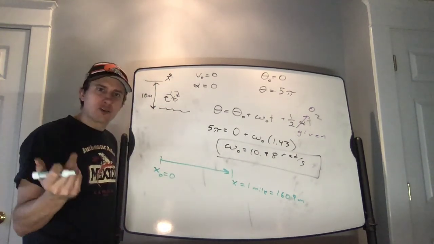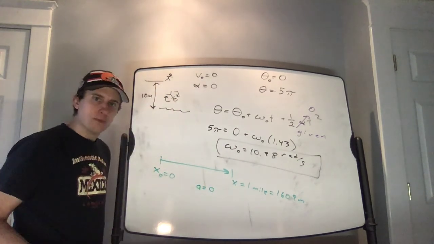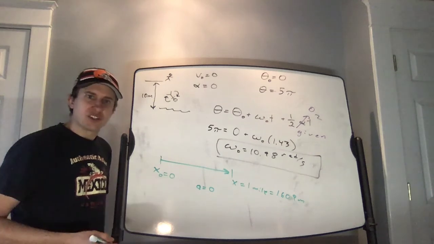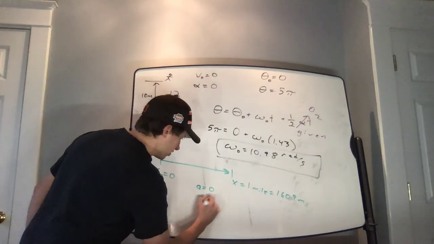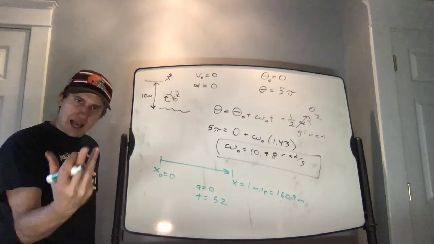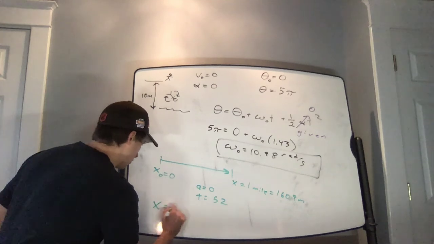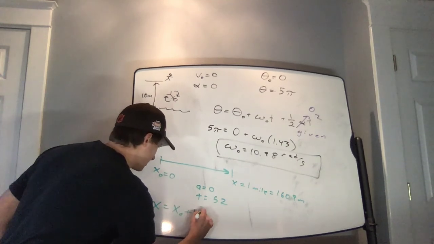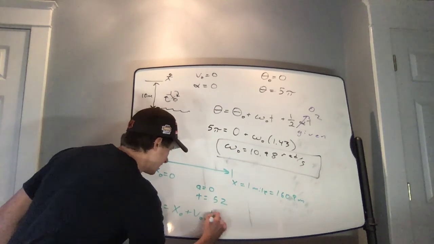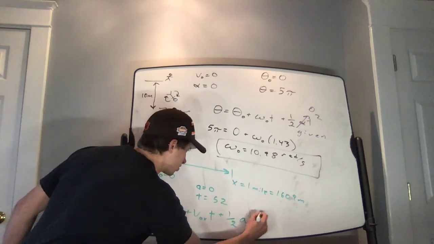We were told the car does not accelerate, so that would be like saying a is equal to 0. And we know the car travels for 52 seconds, so t equals 52 seconds. When I am given this information, I could say x final equals x initial plus v initial x t plus 1/2 a x t squared.